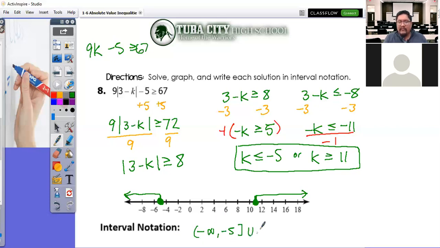Because if it's an and statement, you only need one of them. You'd have to go with the more strict rule. Like if you're trying to go on a carnival ride and the carnival ride says you must be at least 4 feet tall. Well, what if there was another rule? You have to be 3 feet tall and 4 feet tall. Well, if you're already 4 feet, then that means you fulfill both conditions.